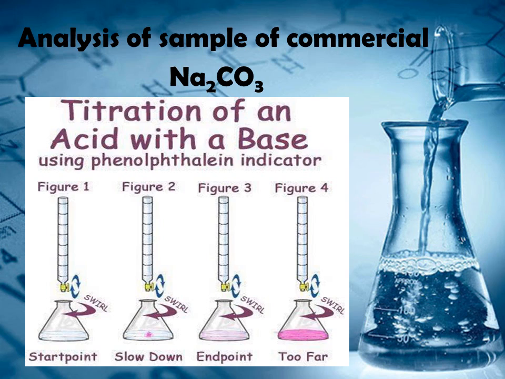Second, transfer 10 or 25 ml of sample solution of commercial sodium carbonate to a conical flask with a pipette, add about 50 ml distilled water and 1 or 2 drops of phenolphthalein as an indicator to it, and titrate the content of the conical flask against standard HCl solution until the pink solution present in the conical flask turns colorless.